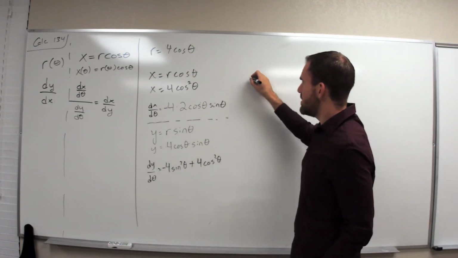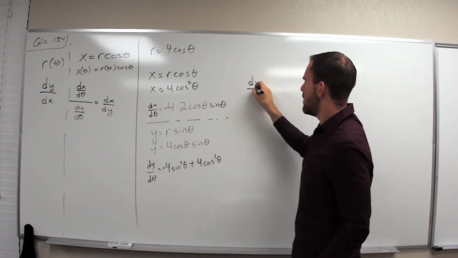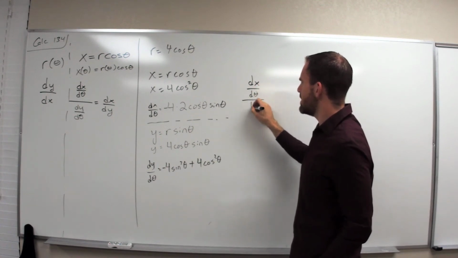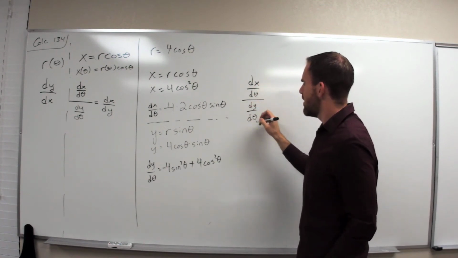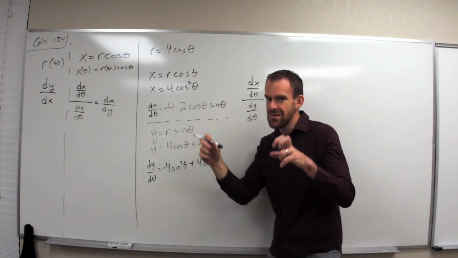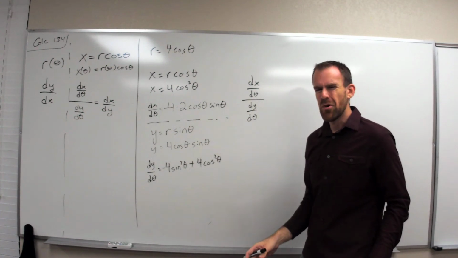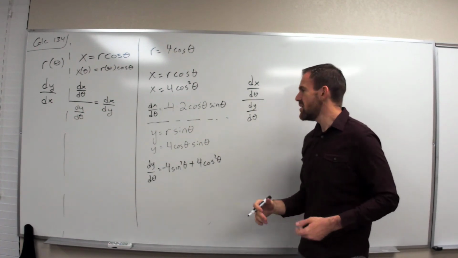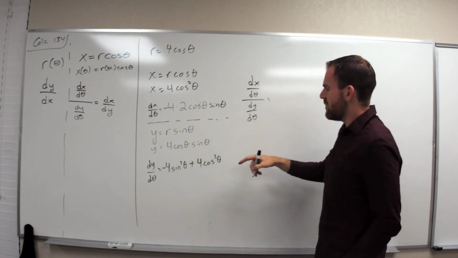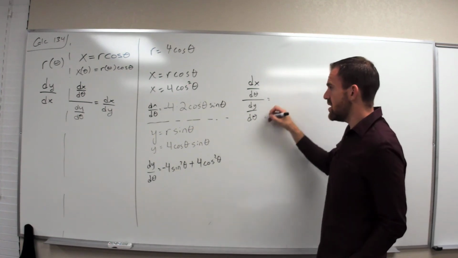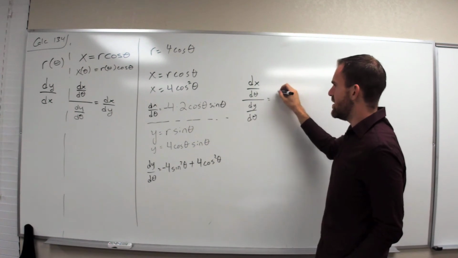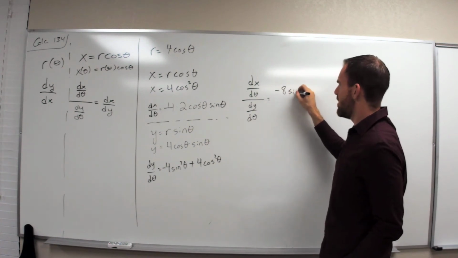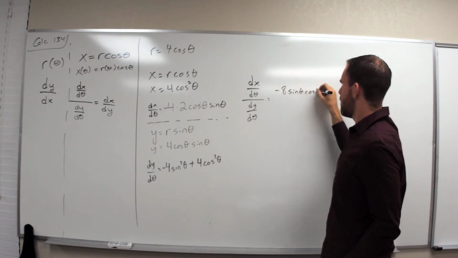Now, I'm going to find dx by d theta over dy by d theta, because the d thetas will cancel. That's not the proper math term, but it is what it is. And that will give me the derivative. So, dx by d theta is negative 8 sine cosine.